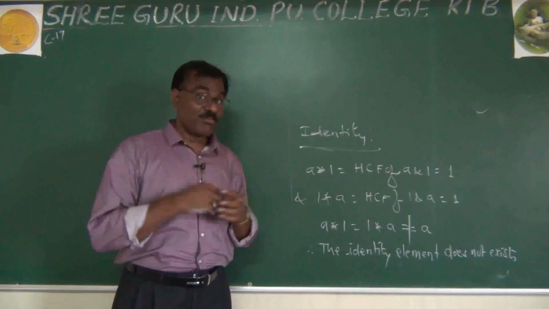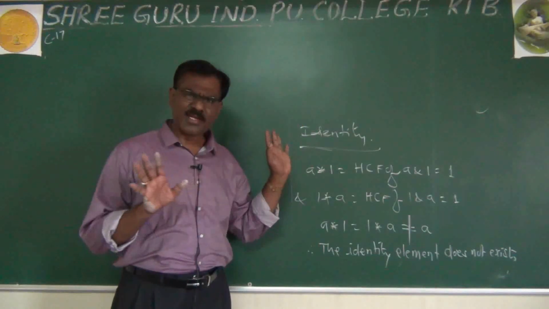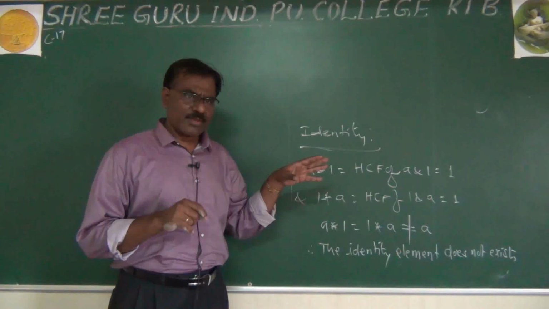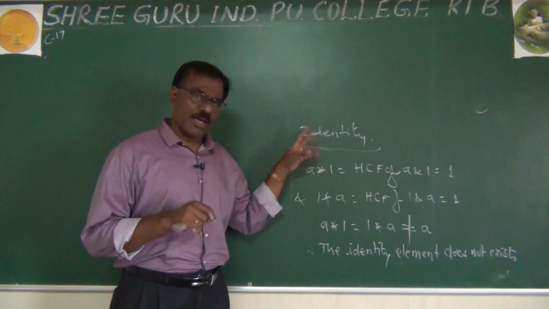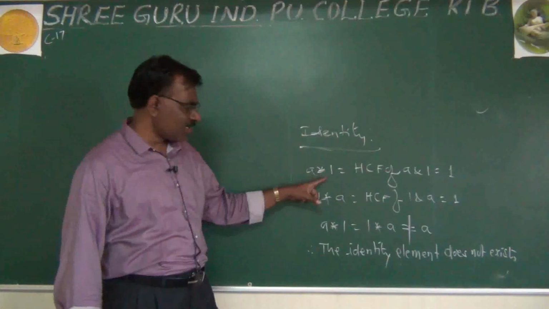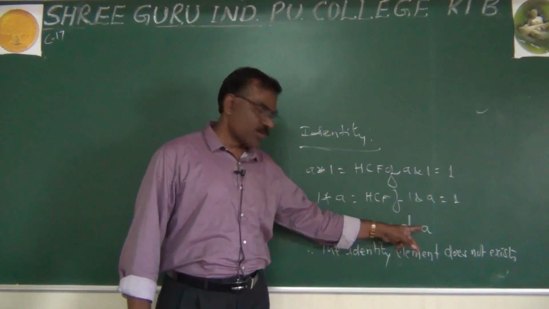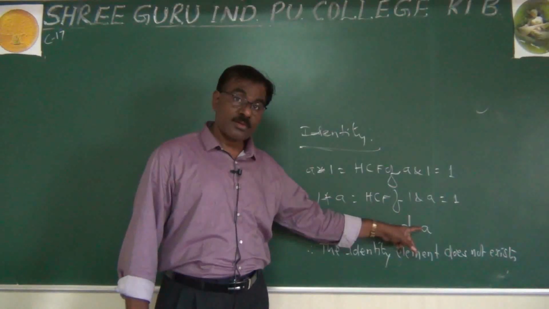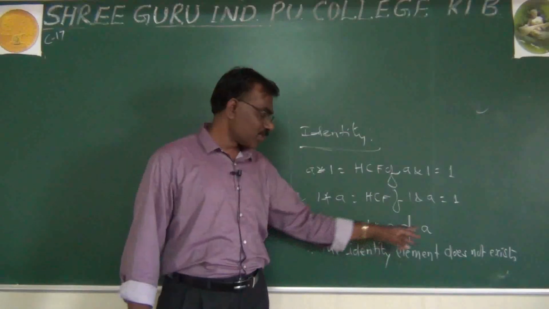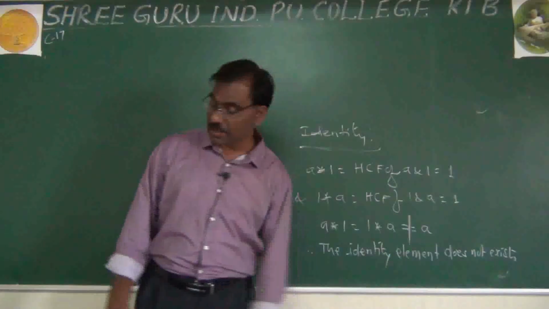And please, when you practice, commutative you have to prove, then associative, then identity. A star 1 is not equal to A. If it were A, 1 would be the identity, but it equals 1, so the identity element does not exist.